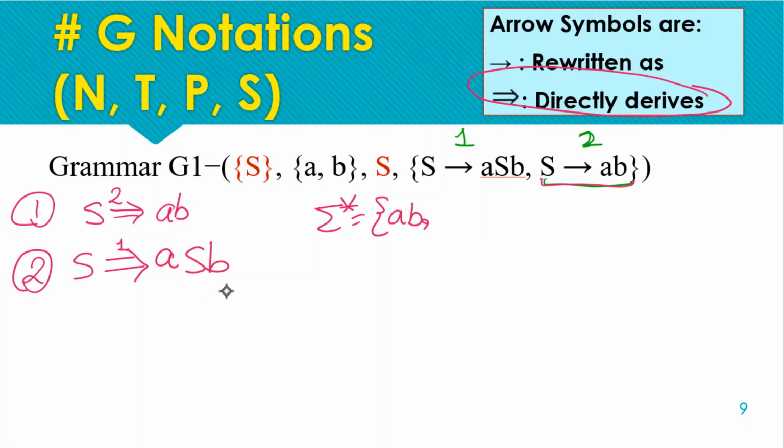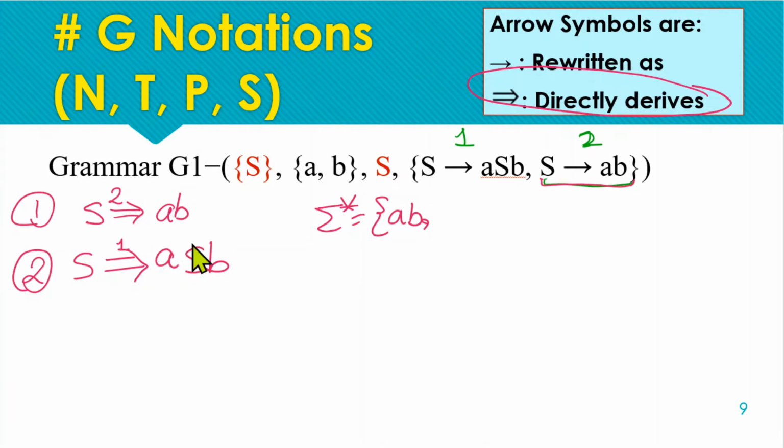So this is the sentential form. Here we have the non-terminal S as a variable, so we cannot say this is the final string, because we have non-terminals in the sentential form. We have to replace the non-terminals with terminals to generate the final string.